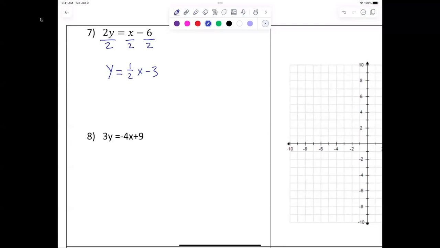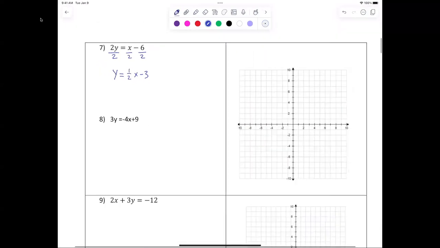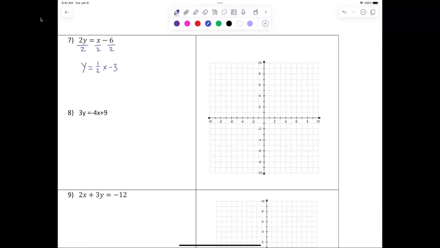What am I going to do from there? Luke, help him. What is he going to do? You got to go back to problems 1, 2, 3, and 4.